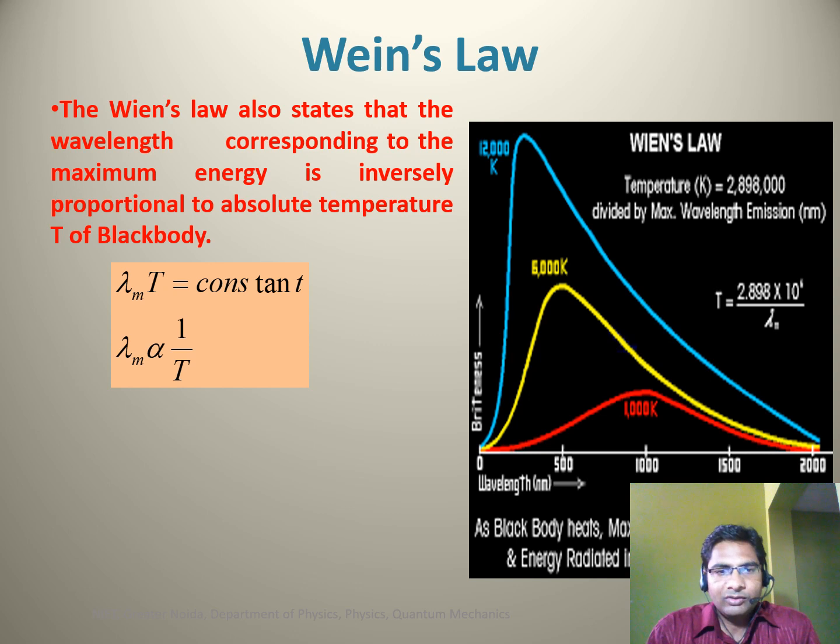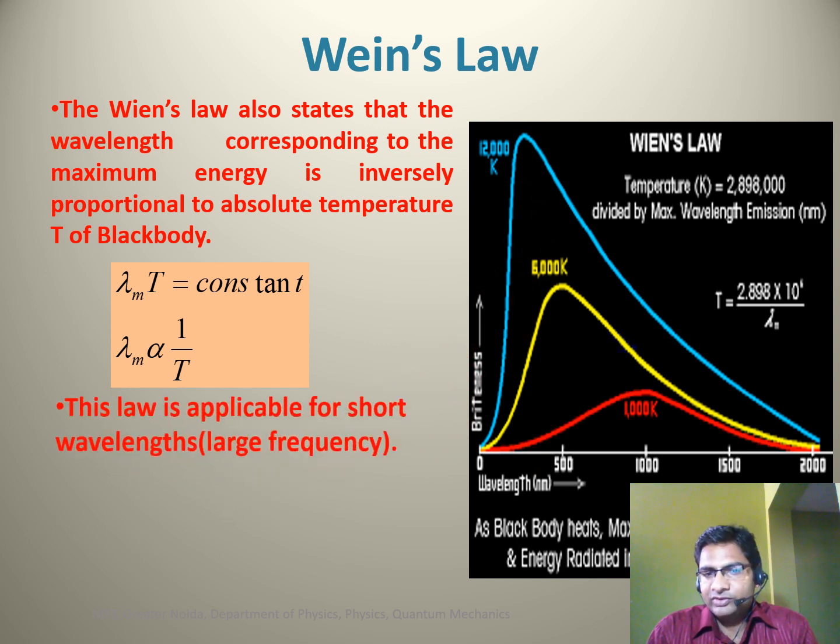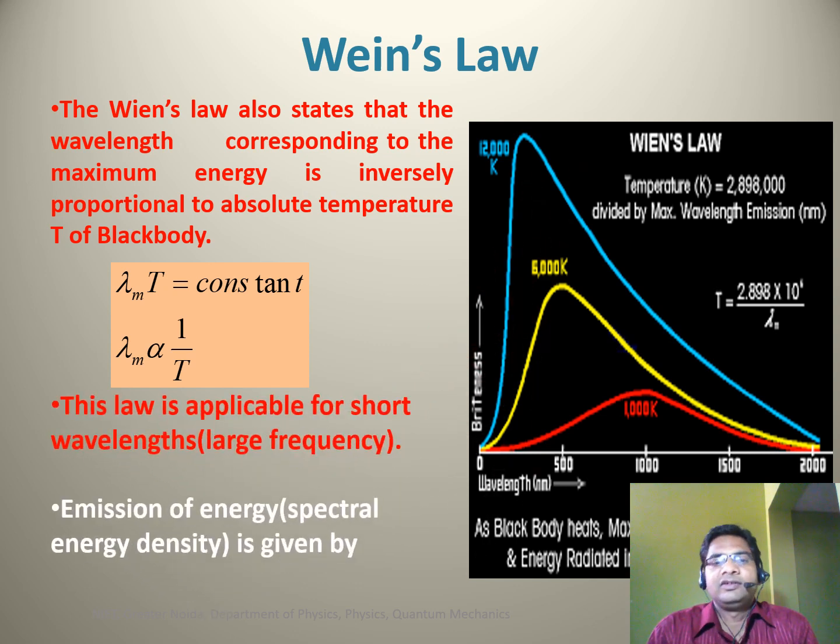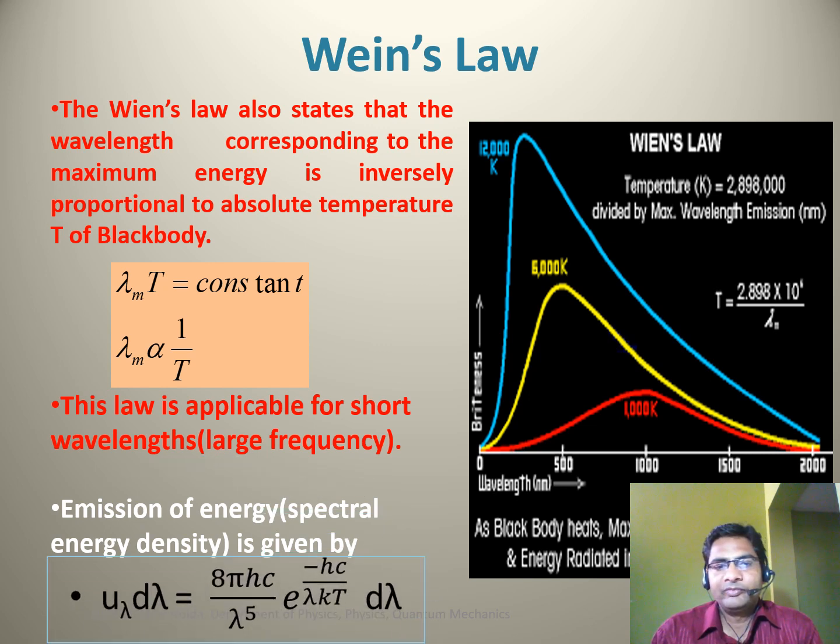Now Wien also found that the spectral energy density, meaning the energy emission per second per unit area, is given by this formula. Basically, this formula is derived only for the region to the left of the peak value of the curve, the region left of the maximum value of intensity.